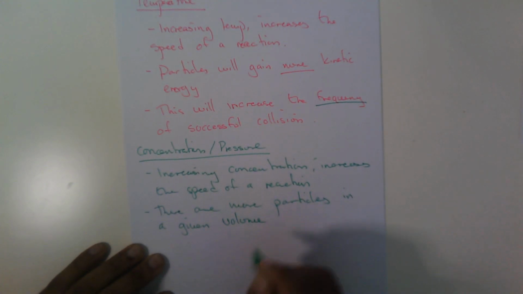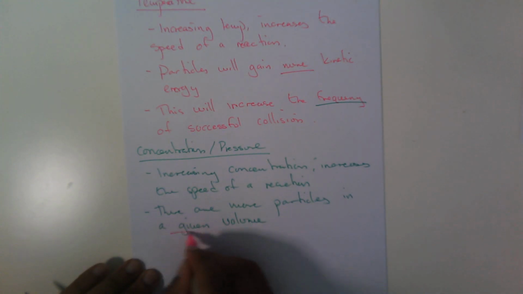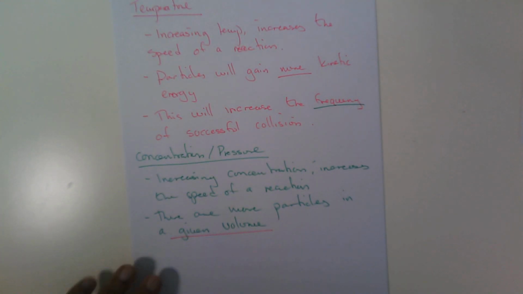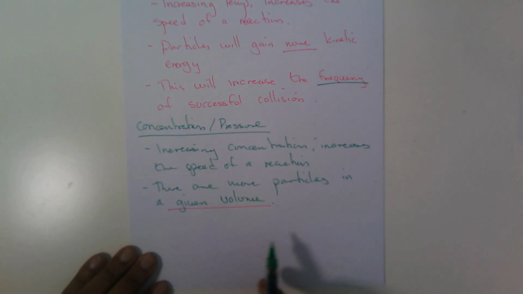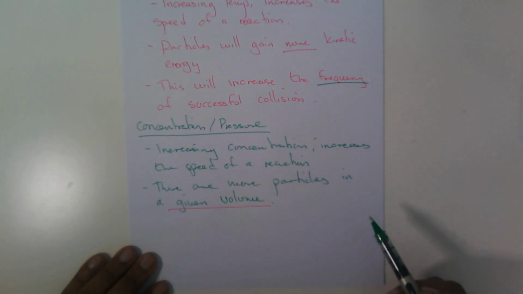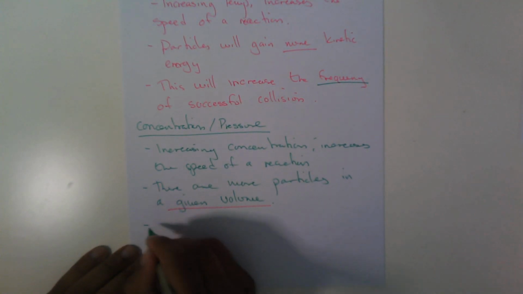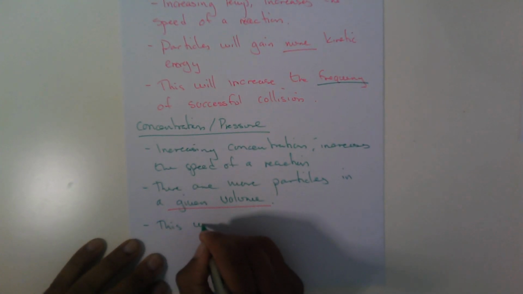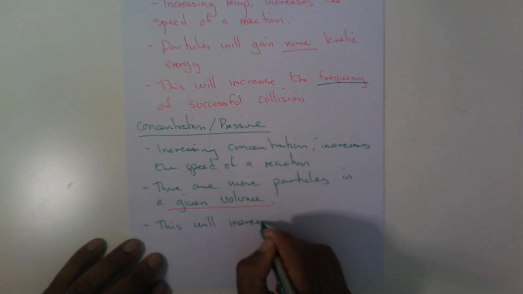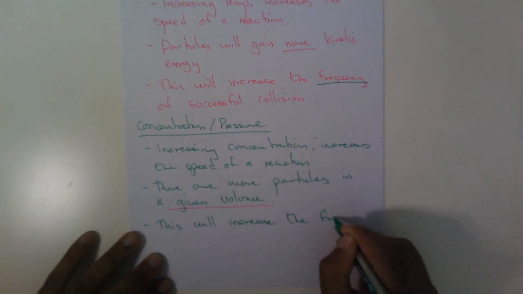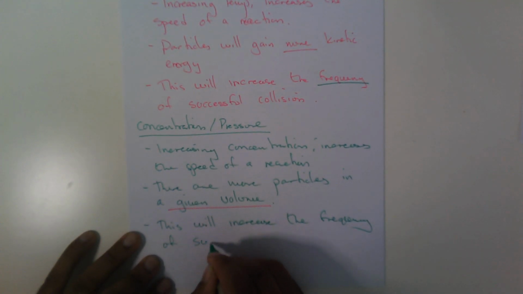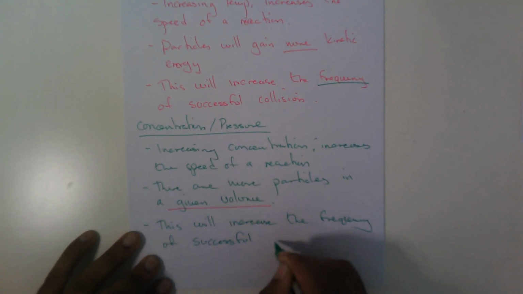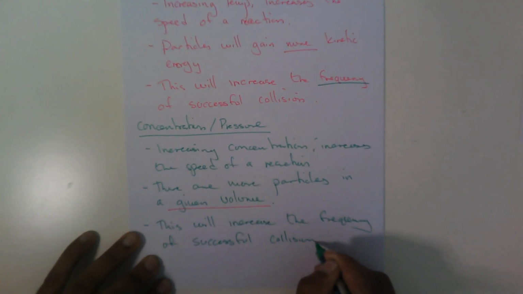Now that is crucial that you say in a given volume, because you can increase the number of particles, but if your volume also increases, then the concentration doesn't necessarily increase. So more particles in a given volume, this will increase the frequency of successful collision and therefore faster rate of reaction.